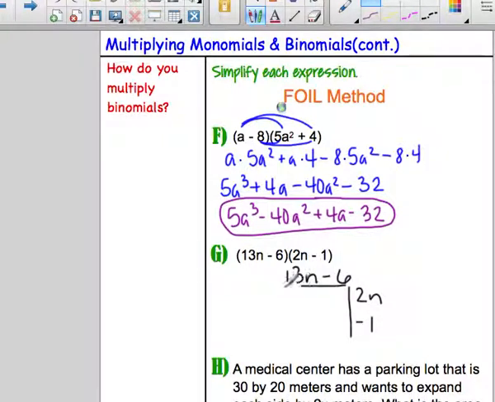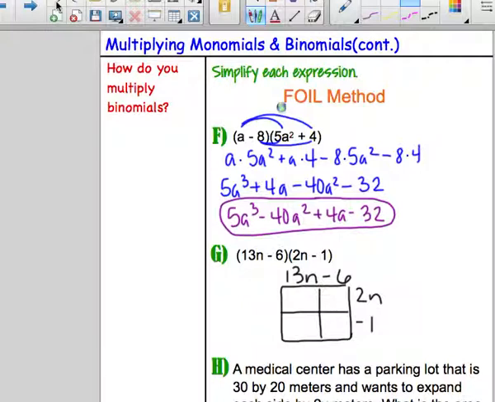So I'm going to then create my box. And because I have two terms in each one, I'm going to make it a 2 by 2 box. Now I'm going to go ahead and multiply out. I'm going to take 13n times 2n, and those will intersect into that box.